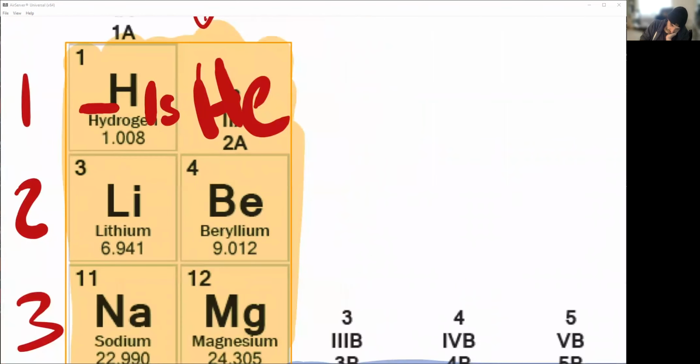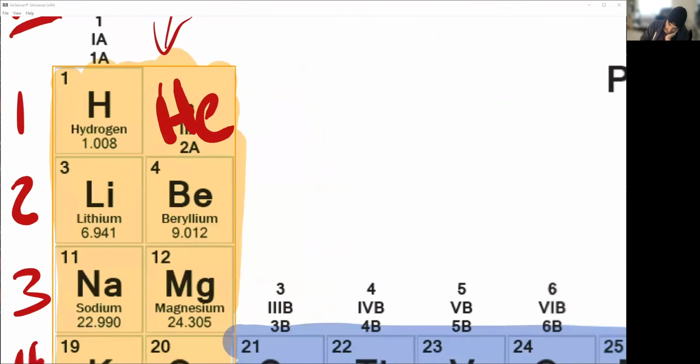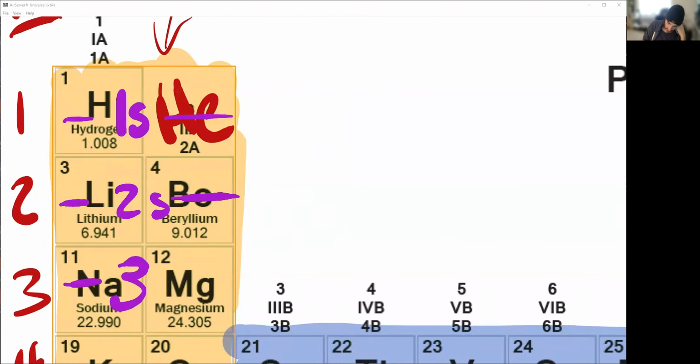In fact, I'm going to use a different color for this. And just switch to, sure, let's try this. So this right here is the 1s. So this whole thing right here is the 1s, making this the 2s, 3s.